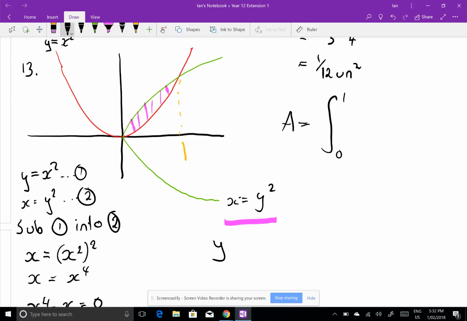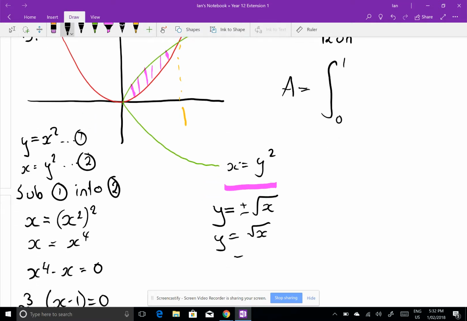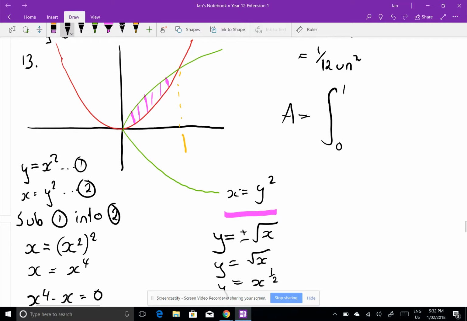Now y equals, we square root both sides. Now we should write plus or minus root x. But because we're only concerned with the part above, we're just going to go y equals root x, which is x to the half. Now that's only going to give you the positive, but that's all we need for this area.